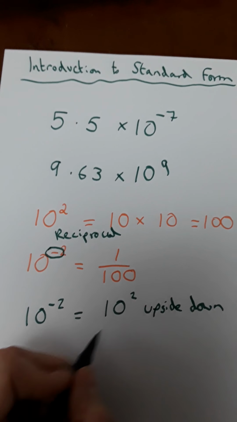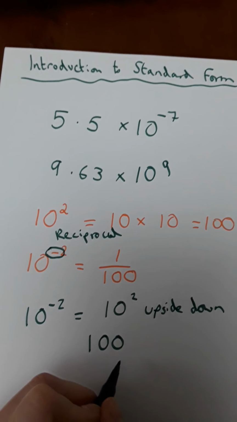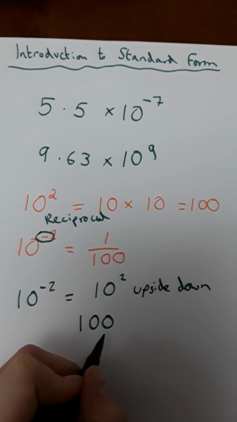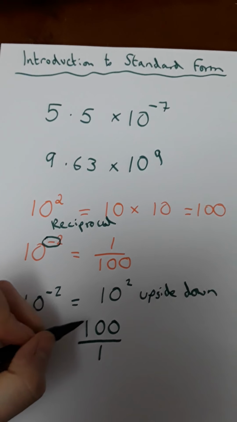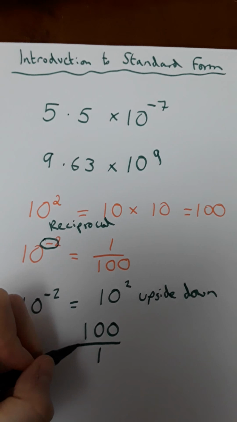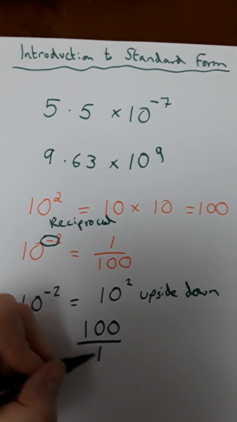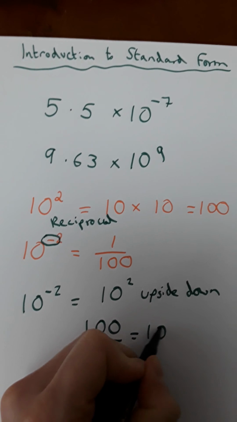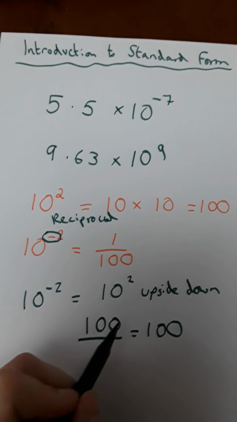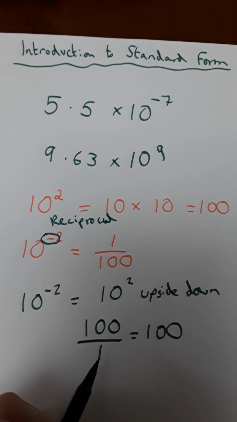When we write 10 squared out normally, it's 100. Now, any whole number that you see is really a fraction over 1, because any object divided, that's what the line on a fraction tells you, by 1, so 100 divided by 1 equals itself. So any whole number is really a fraction over 1.